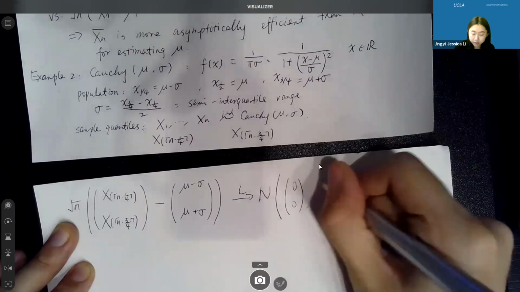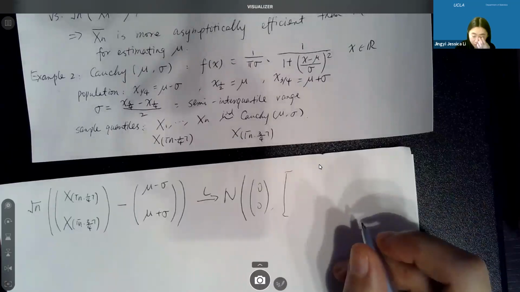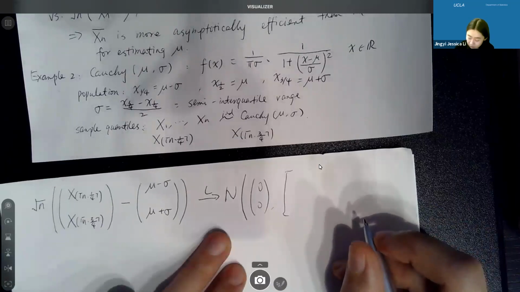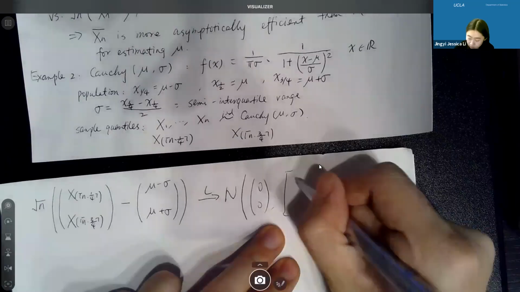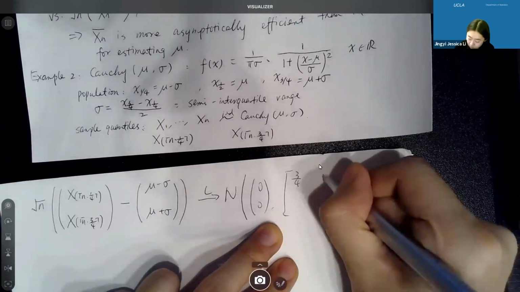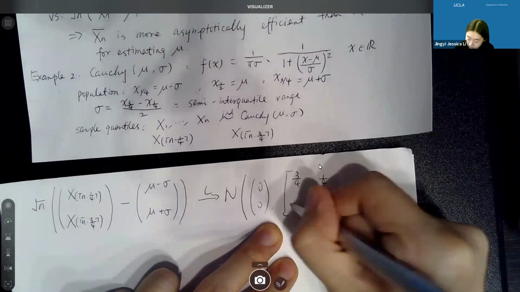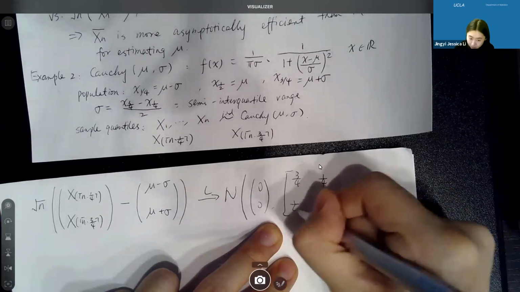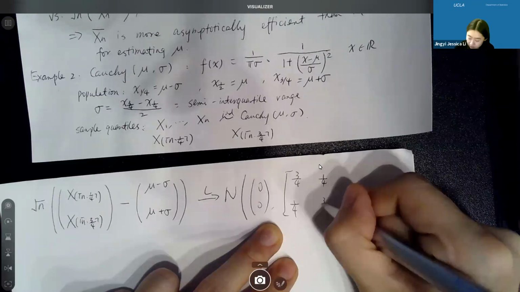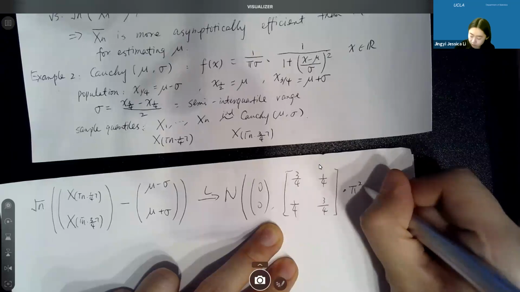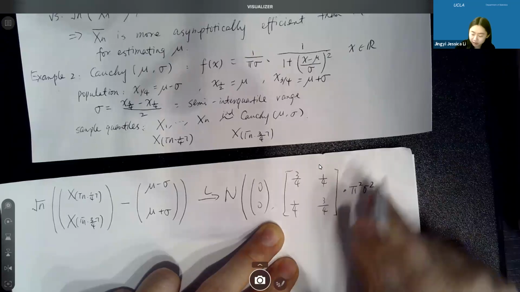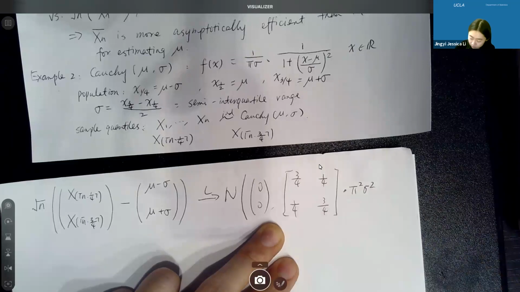In the covariance matrix, by some simplification, it will be equal to the matrix 3/4, 1/4, 1/4, 3/4 times the constant pi square sigma square. So that's from the denominator, the density square.